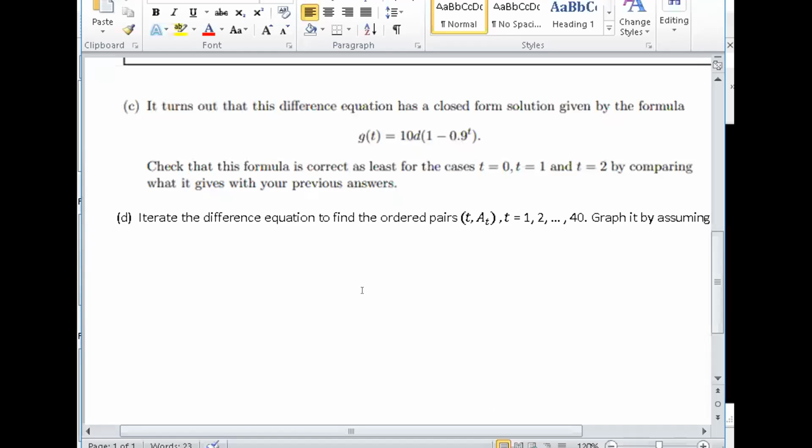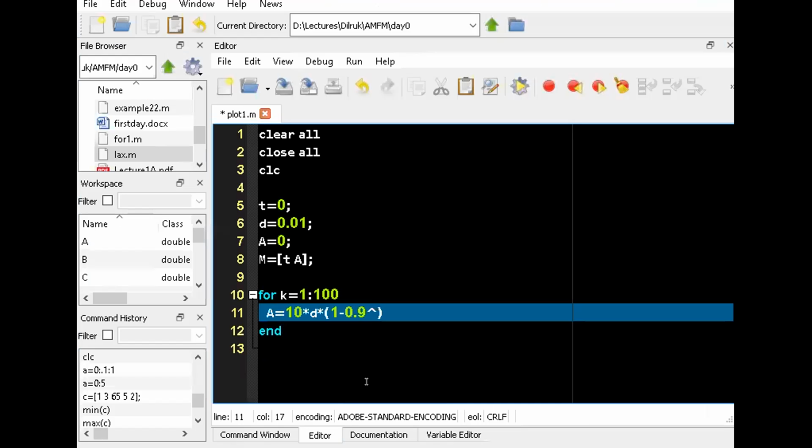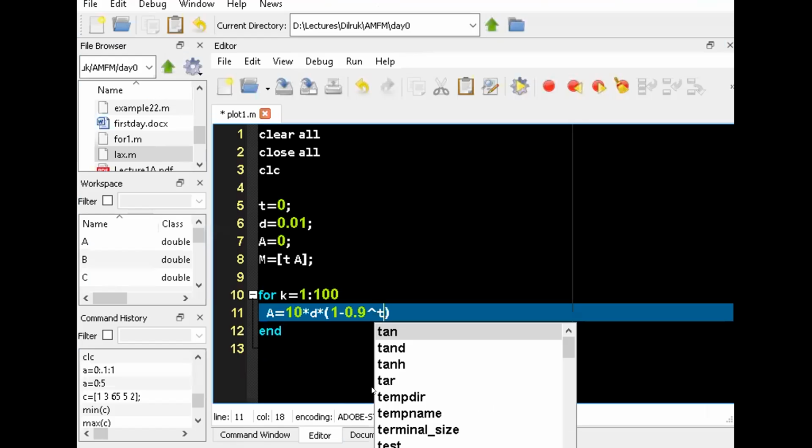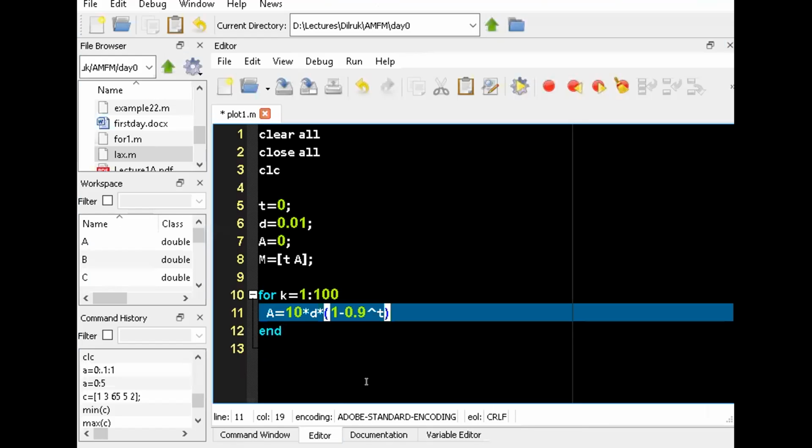To the power t. I don't want to see the output, so I will enter a semicolon at the end. This is the amount of drug after t hours. You can comment if you want: amount of drug after t hours.